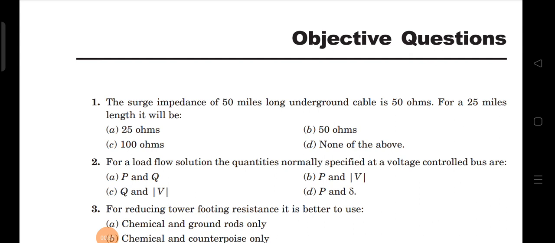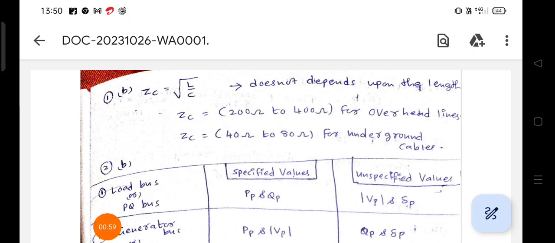Now see here, the surge impedance value doesn't depend upon length. Surge impedance ZC is equal to under root L by C. That means surge impedance value depends upon inductance value and capacitance value, not upon length. Hence the answer is 50 ohm only.